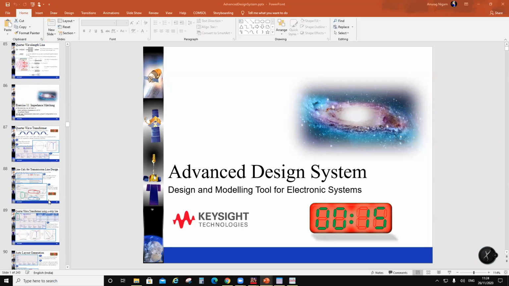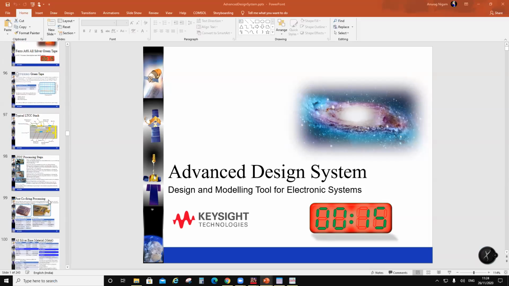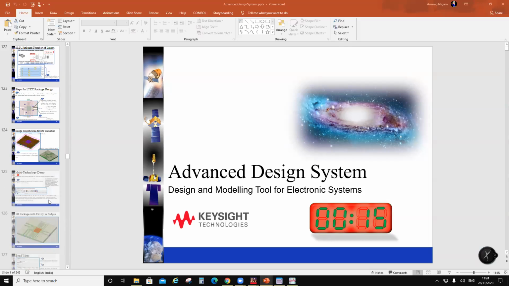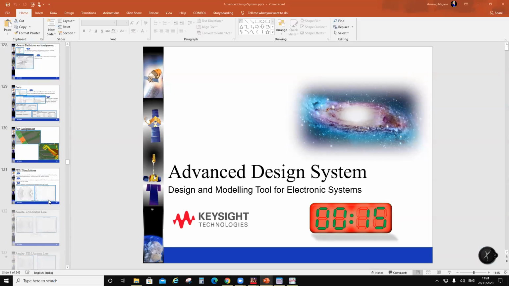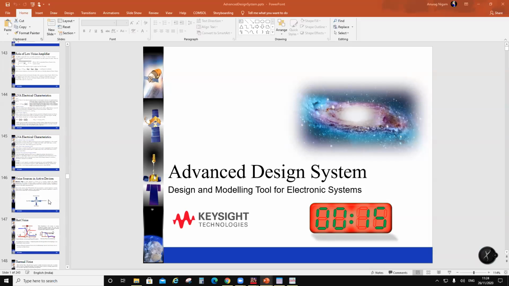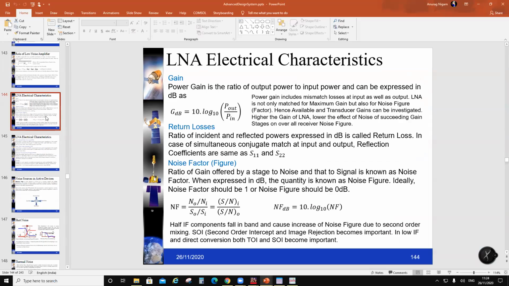Noise. Impedance matching. Where do I talk about noise? Should be talking about noise here. Okay.